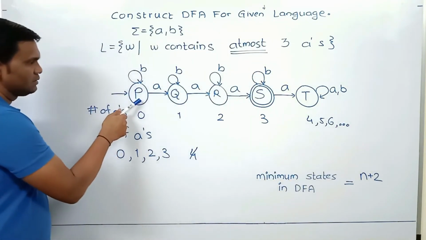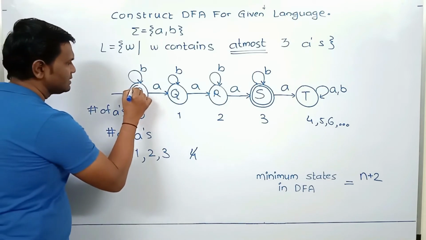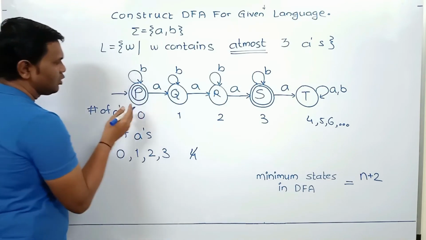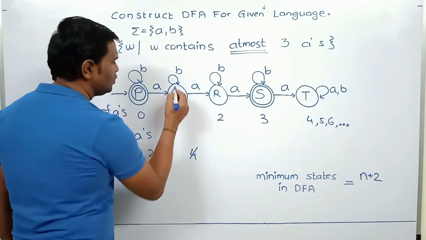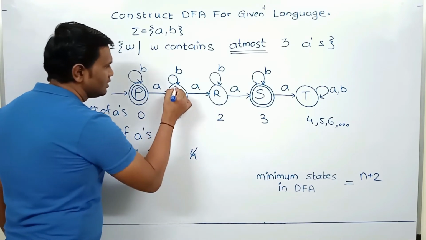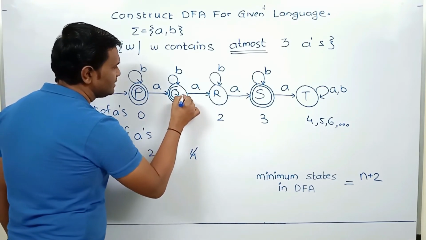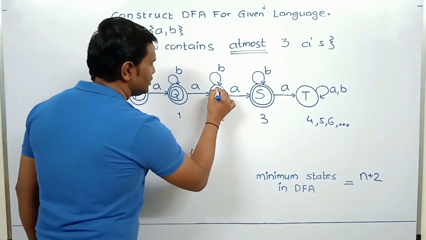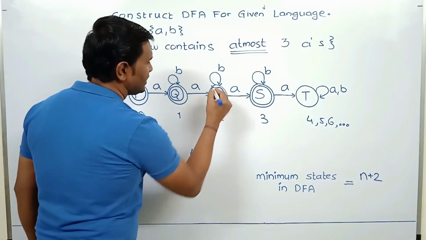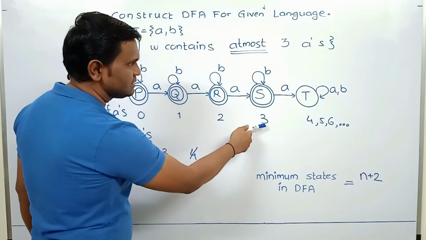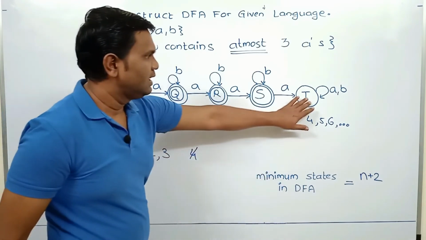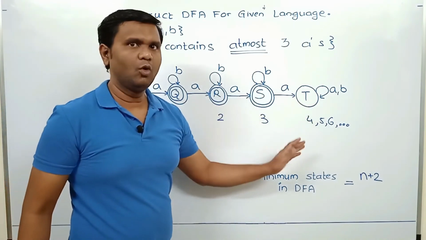So here P should be a final state, the number of A's is 0. At Q, the number of A's is 1. So Q also is marked as a final state. R also is marked as a final state. At S, the number of A's is 3. At T, the number of A's is more than 3.